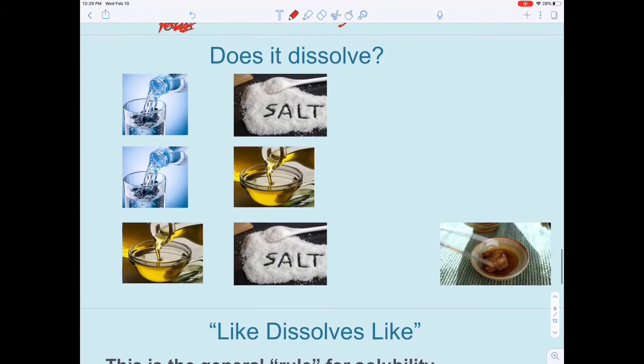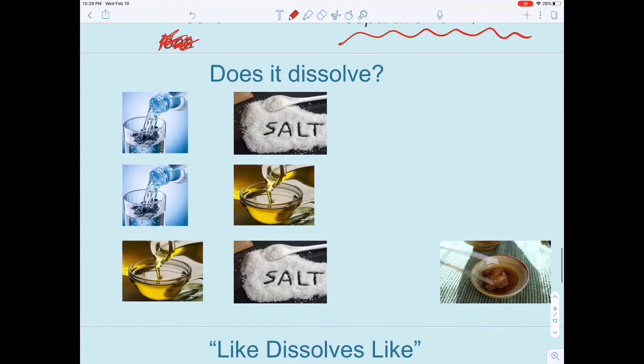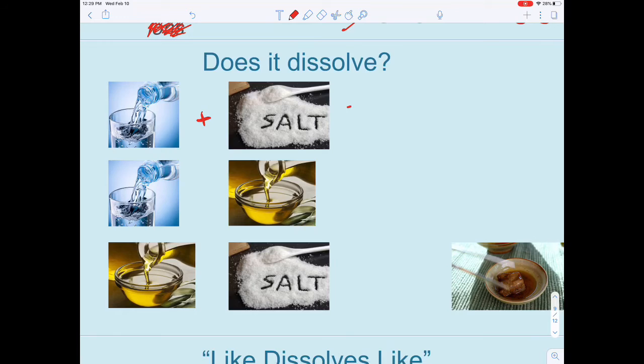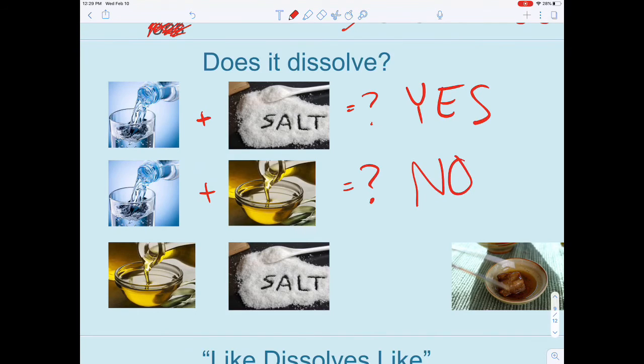Okay, so I just want you to think about these examples here. Does it dissolve? So water and salt, what do you think? Does that dissolve? It's pretty obvious, yes. What about water and oil? Does that dissolve? I think this one's pretty obvious as well. No, it does not dissolve together. Oil and salt.